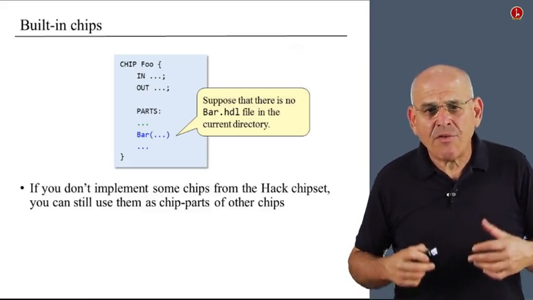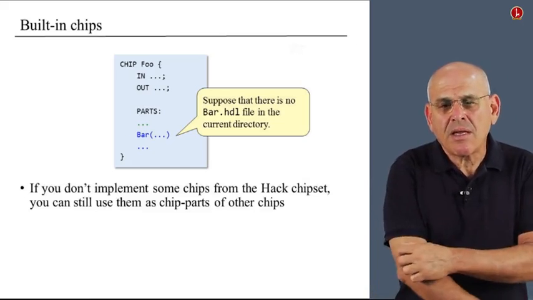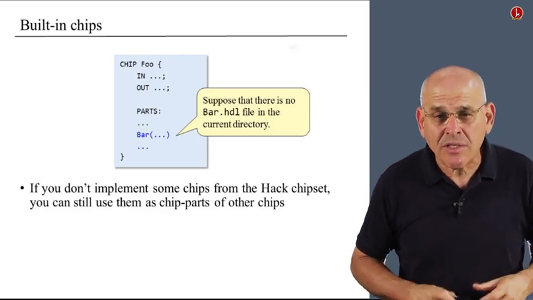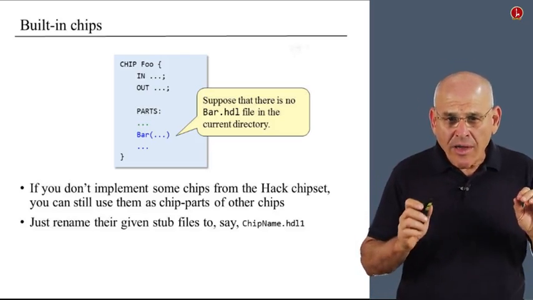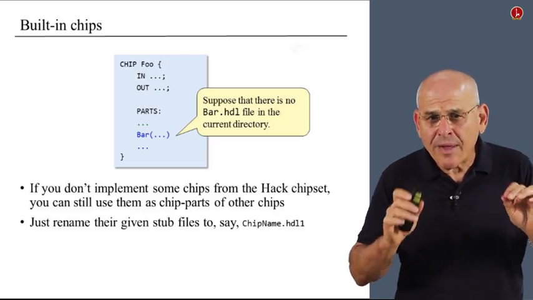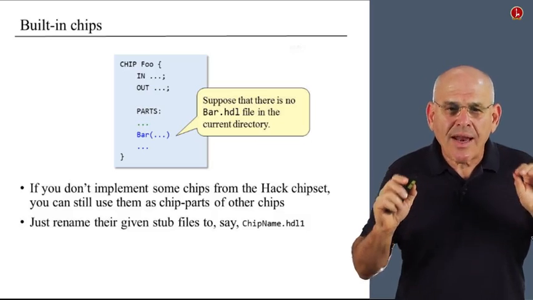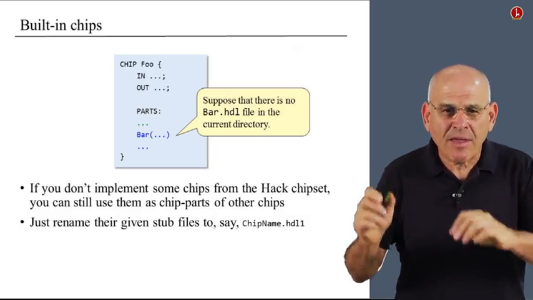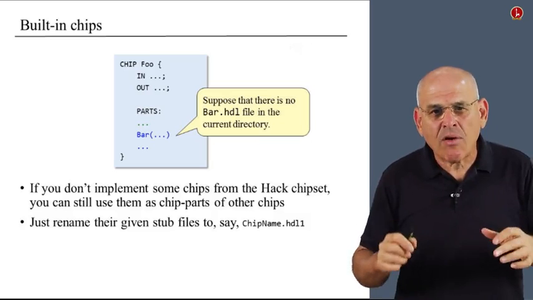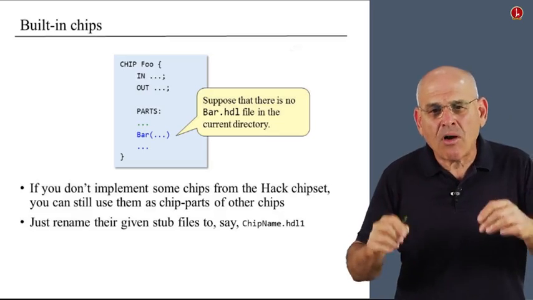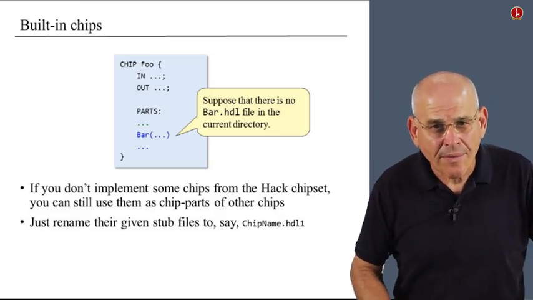So once again, if you don't implement some chips that are part of the Hack chipset, you can still use them as chip parts. All you have to do, if we gave you the stub file of bar, is change the name of this file to something else. For example, instead of calling it chipname.hdl, you can rename it chipname.hdl1.